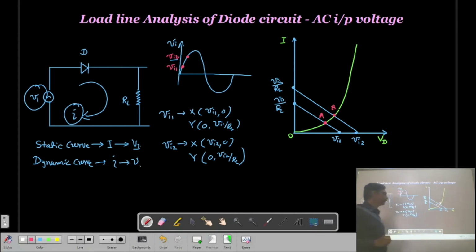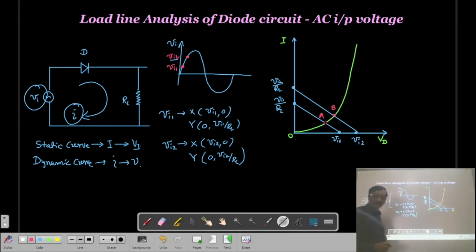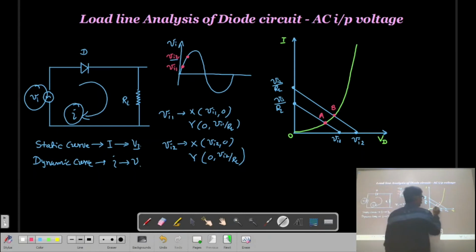Now what we have to do? Remember, consider the point A. Draw a line passing through the point A and parallel to the x-axis, in this way.